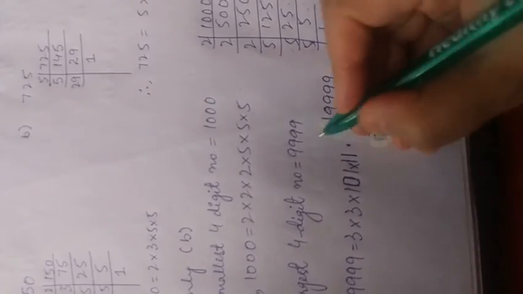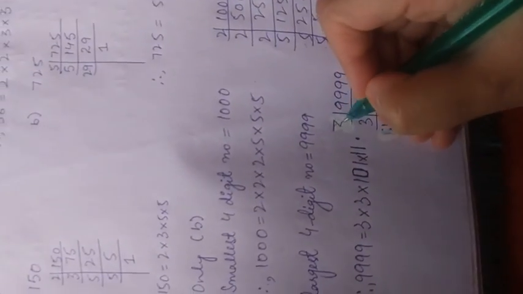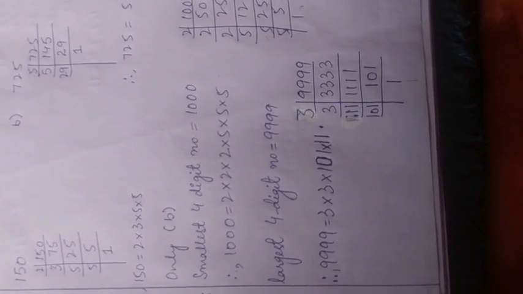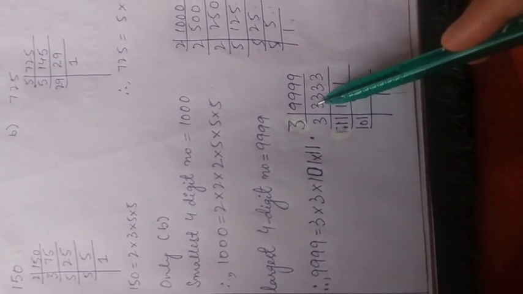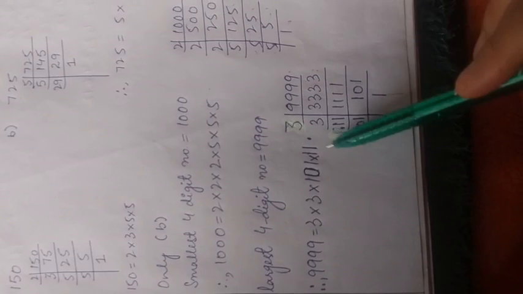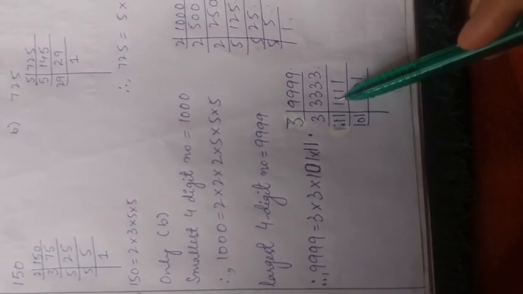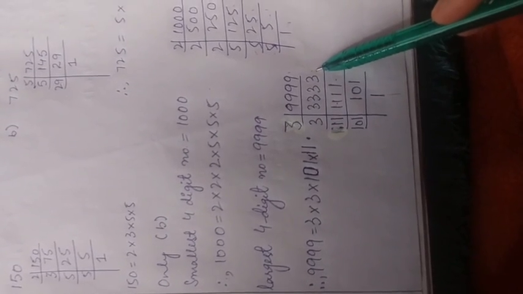So its prime factorization will be, I'll write 4 times 9 here. Then I'll check starting from 2, which table it is coming in. So it is coming in the table of 3. So 3 into 3333 will be 9999. Same here, 3 into 1111 will be 3333.